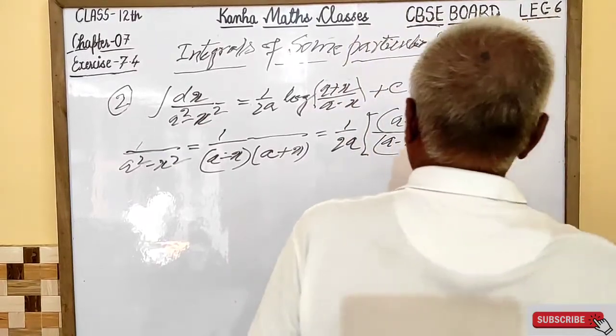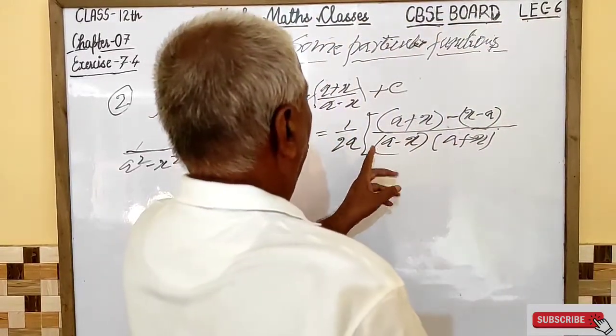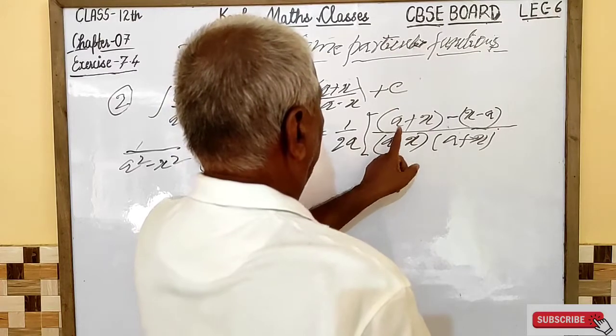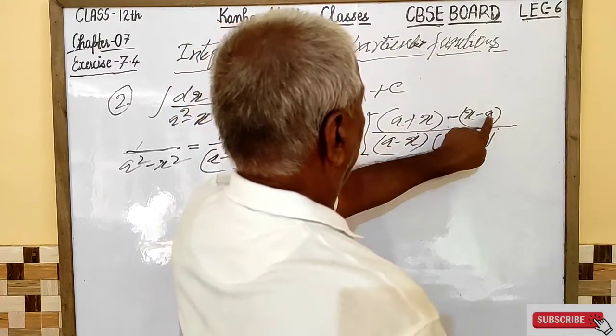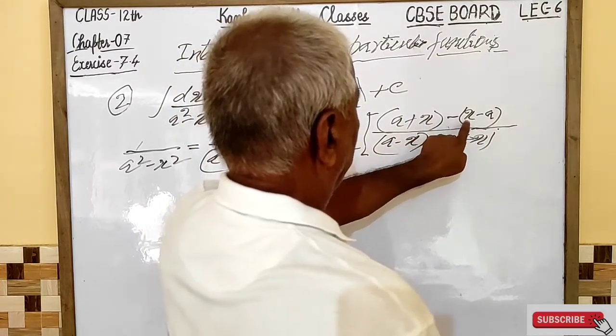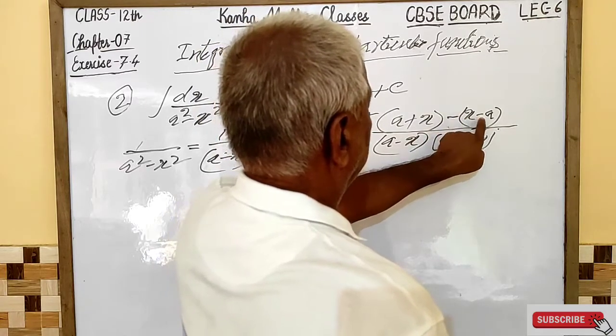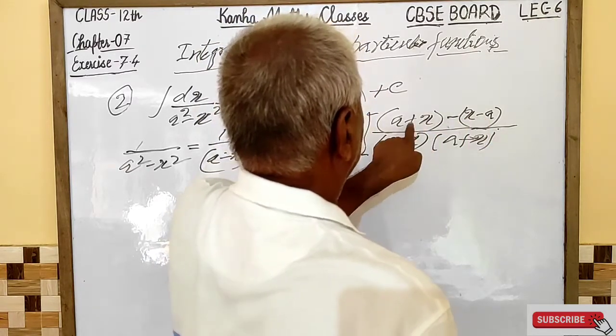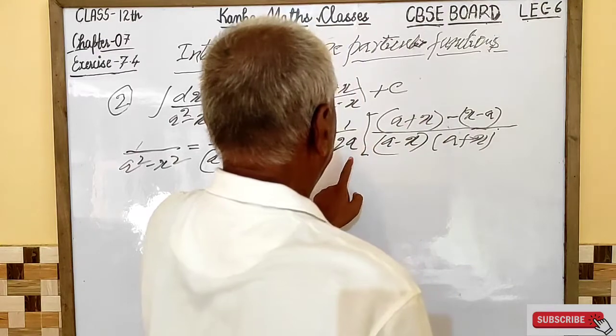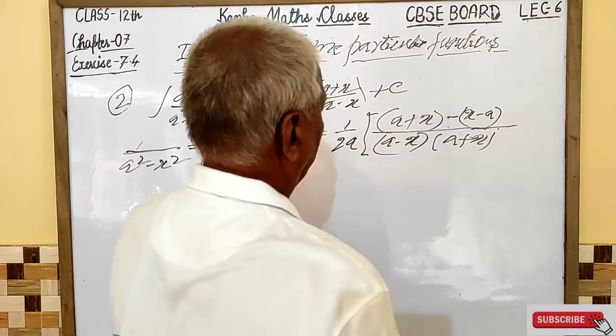Now we see that if we bifurcate the a plus x minus a, x will be cut by minus x, minus a will become plus a, and this will be 2a, which can be cut by 2a.